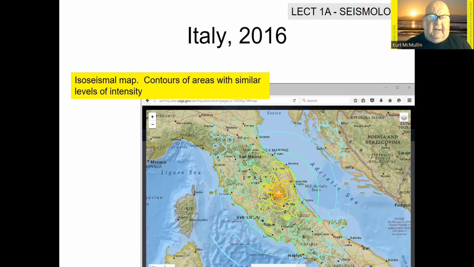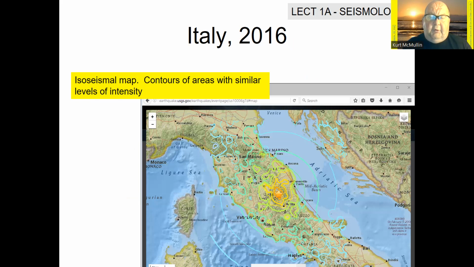Now, when we talk about intensity, we actually get multiple values for the same earthquake. In fact, the closer you are to the epicenter, probably the more impact that earthquake has, and so you would get a larger reading on this scale.